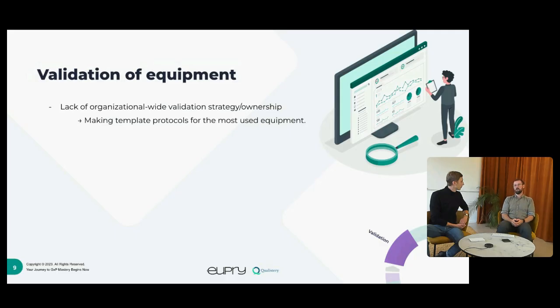One thing that greatly increases efficiency for large organizations is having a validation strategy and a template protocol for a fridge, a freezer, a ULT, a warehouse. This greatly eliminates some of the errors found during external audits, but having that company-wide strategy is often missing, and it's one of the pitfalls we see a lot: having to reinvent the wheel every single time a unit is validated.